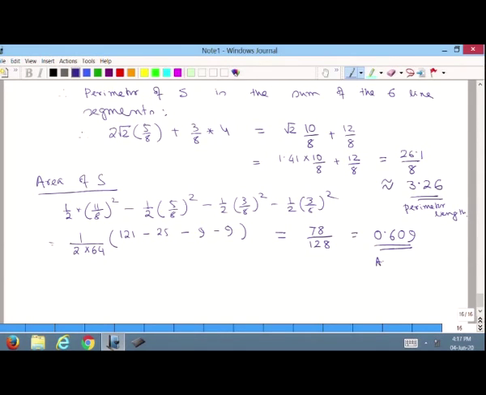So, this is the area of S. So, the answer is perimeter is equal to 3.26, area is equal to 0.609.